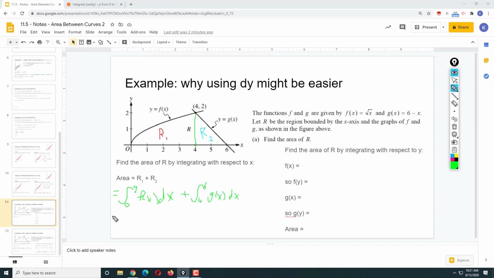Okay, we plug in f of x and g of x, so it's the integral from 0 to 4 of square root of x dx plus the integral from 4 to 6 of 6 minus x dx. Again, we plug this into Wolfram Alpha.